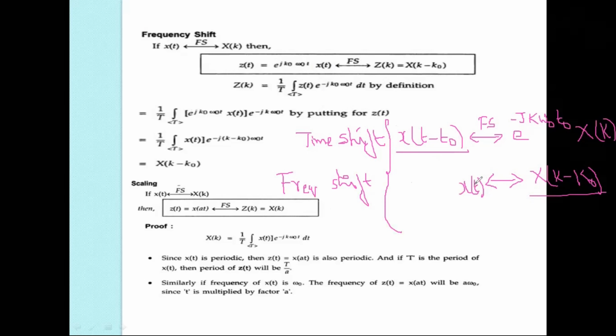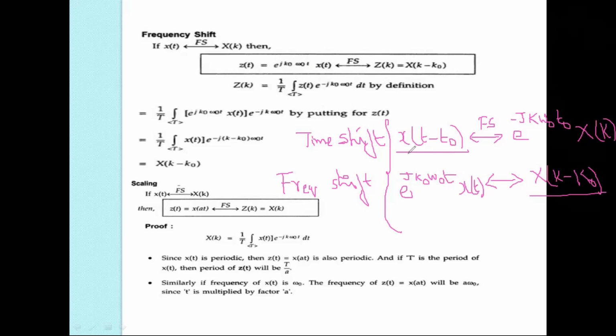In this case, the x of t, the time signal, is multiplied with the positive exponential e power j. How many samples is it shifted? K is the frequency. So k naught samples, k naught. But here I am not taking the k naught here, t naught. K naught omega naught into t.